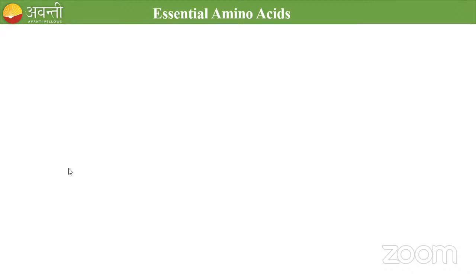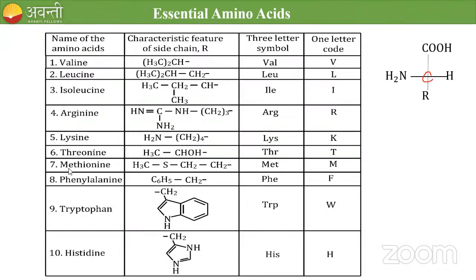There are 10 essential amino acids and 10 non-essential amino acids. As I have already told you, this is the general formula for amino acid, where we have one carbon attached to 4 different groups. And this is a list of 10 essential amino acids.